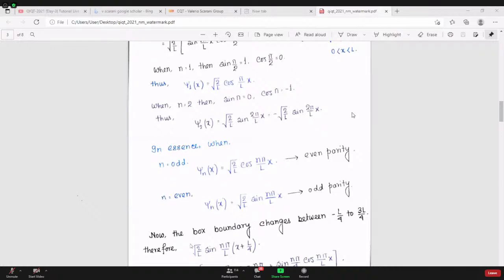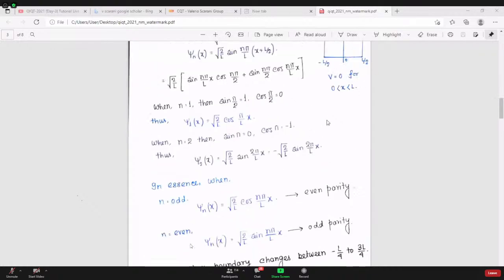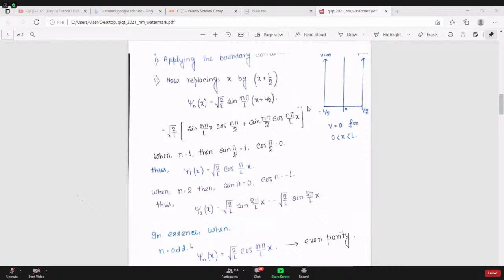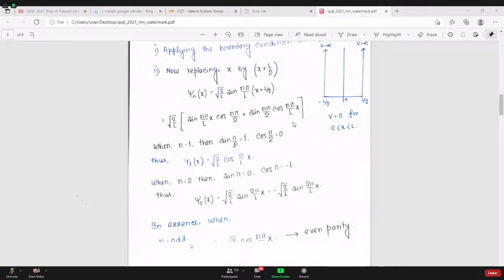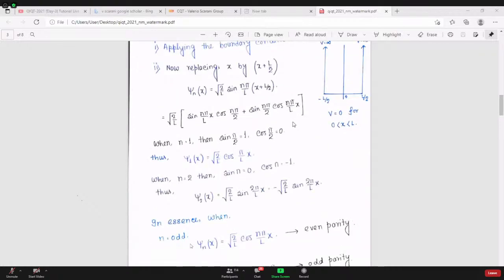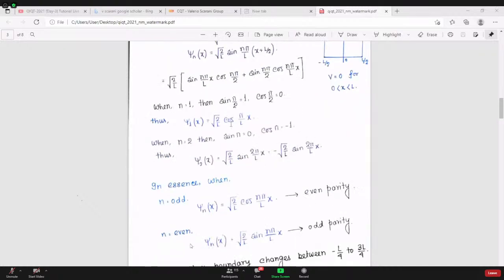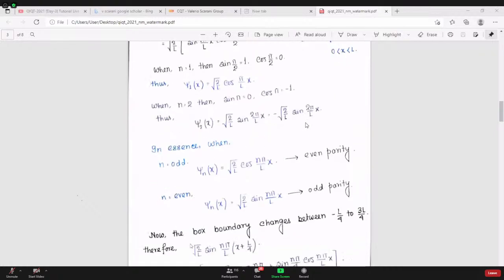Sorry, I'm there. I'm starting again from the second condition, where we replace x by x plus L by 2. Then choosing n equal to 1, we reduce it to cos pi by L into x, and when we choose n equal to 2, we get sin 2 pi by L into x.